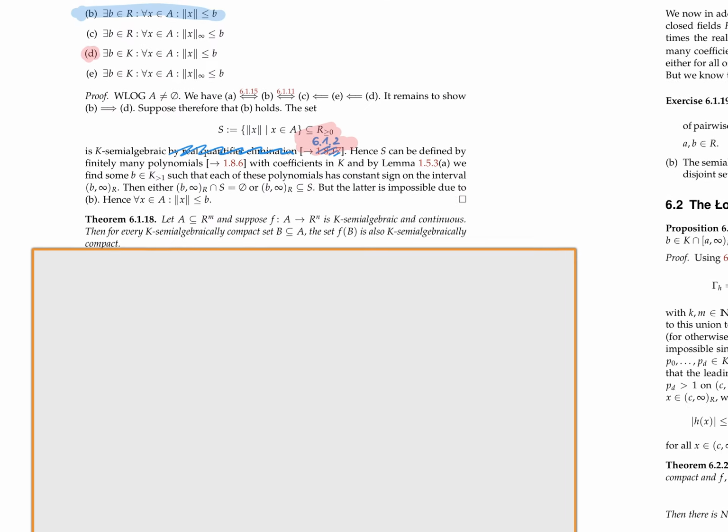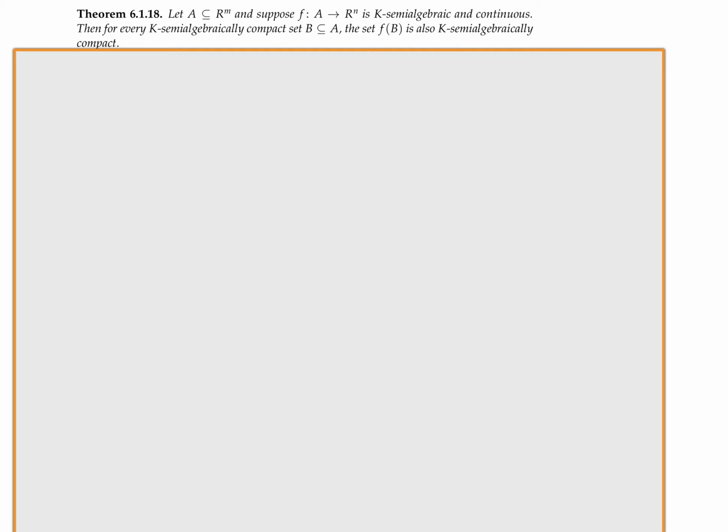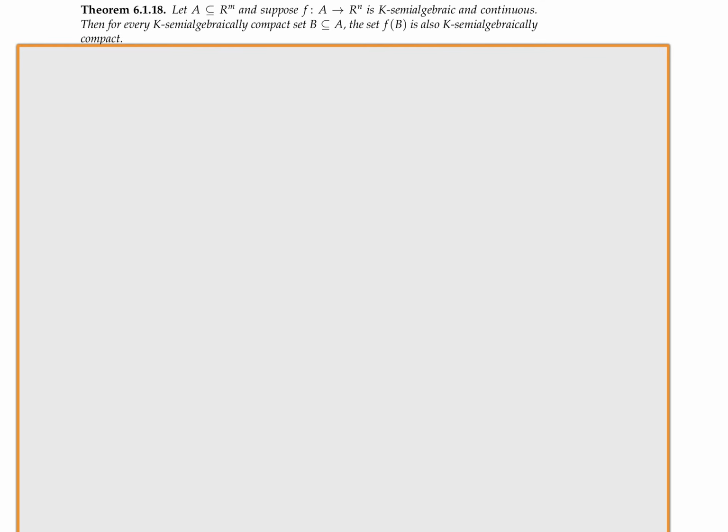Okay, so because of this and what I've just shown, or due to your analysis course, right? You have certainly seen that images of compact subsets of R^n under continuous maps into some R^m are compact.